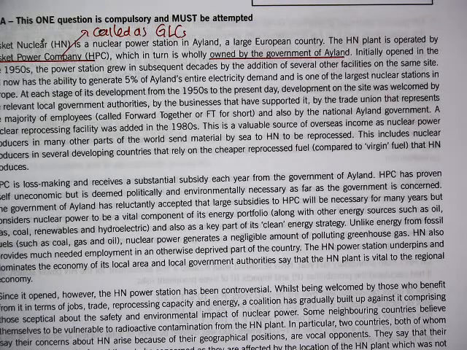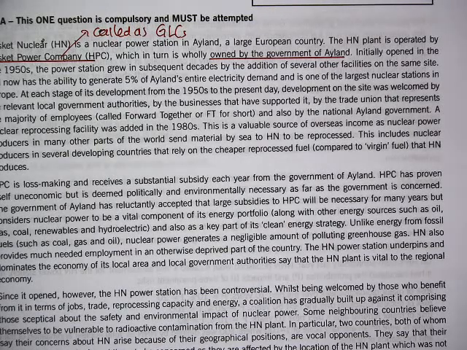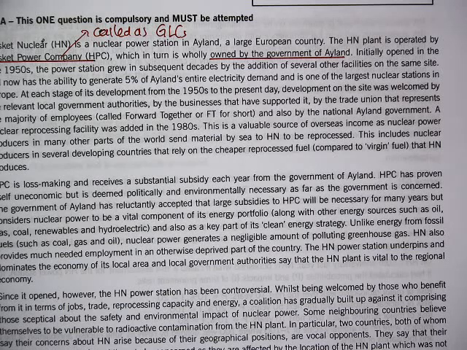Now, initially opened in the late 1950s, the power station grew in subsequent decades by the addition of several other facilities on the same site. HN now has the ability to generate 5% of Ireland's entire electricity demand and is one of the largest nuclear stations in Europe.